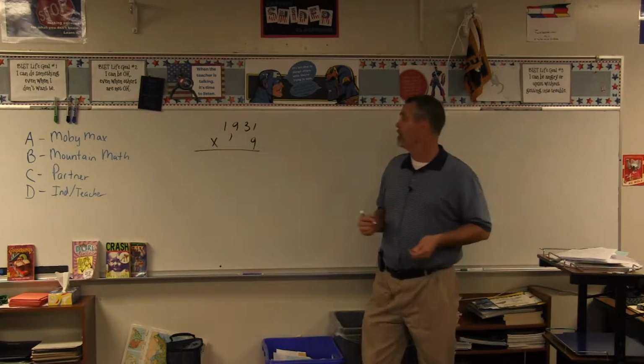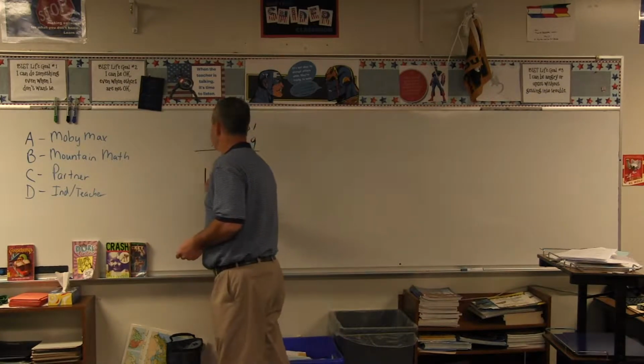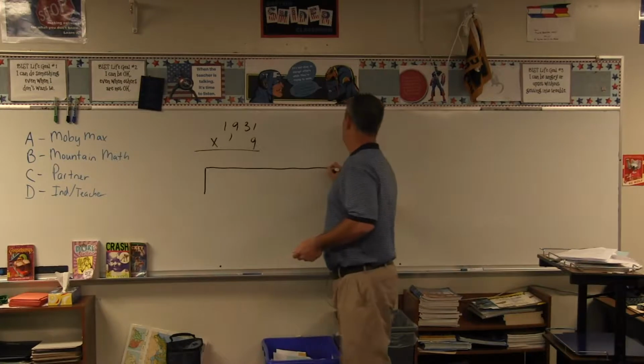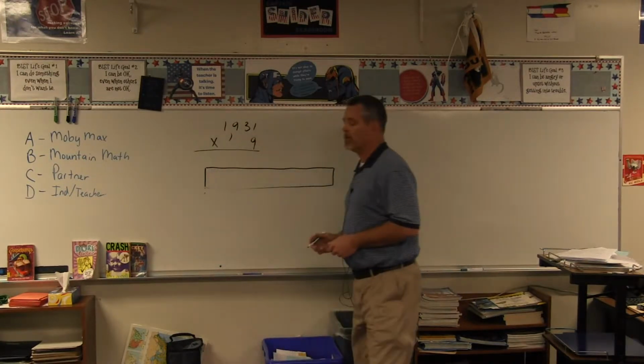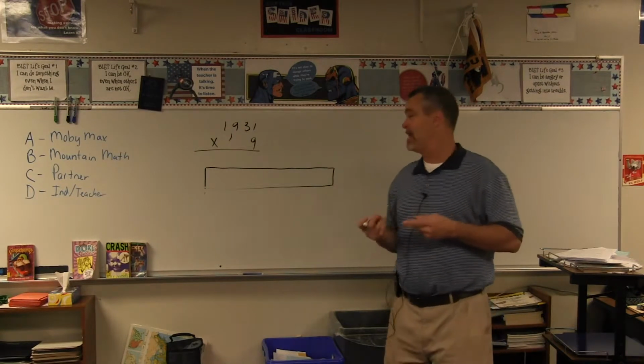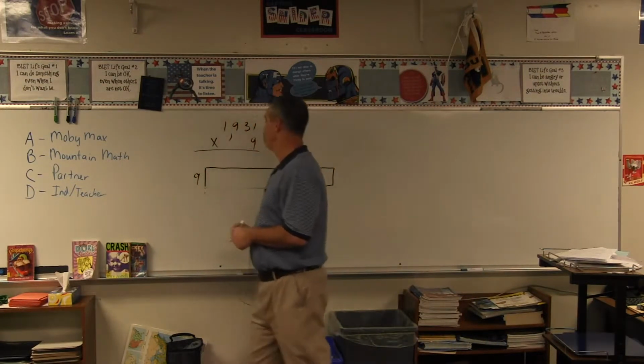So what we're going to do is we're going to first do what we call the area model. And the area model represents a rectangle. And you'll have to forgive my non-straight drawing. But it's supposed to represent a rectangle that has both length and width. So it is going to be 9 tall.